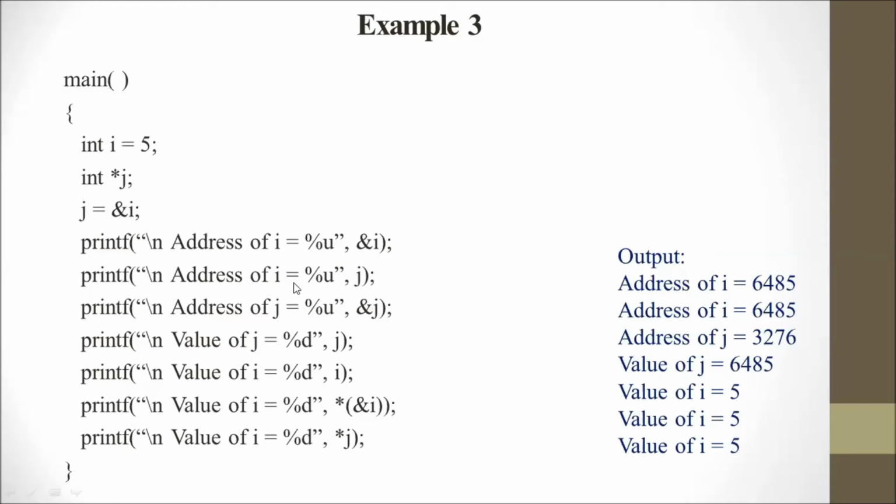So when we print j, j will print i's address, meaning j prints the actual value which is stored.